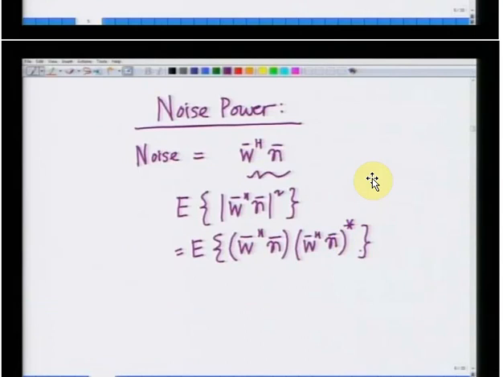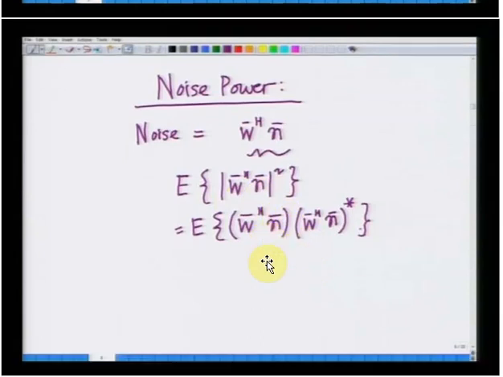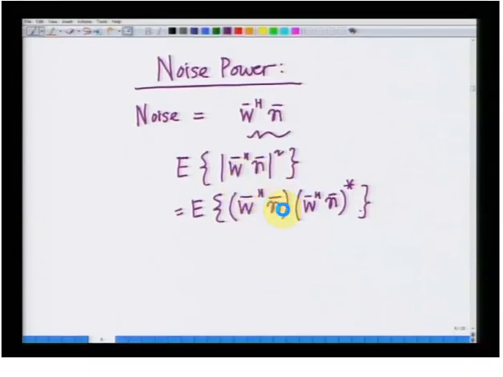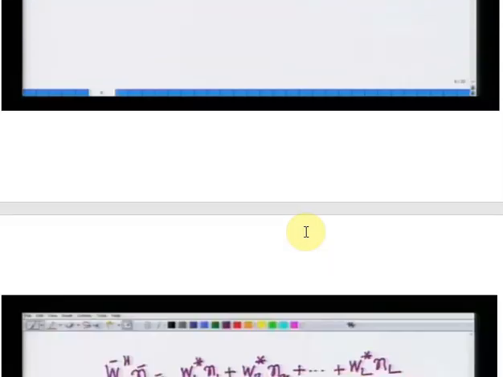Now we can separately calculate the noise power. Noise power has some interesting characteristics. As studied before, noise power is given by the expected value of the norm of W bar Hermitian n bar squared. If we open these brackets, we have W bar Hermitian n bar multiplied with its conjugate.